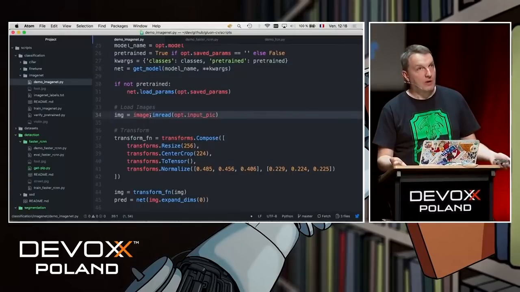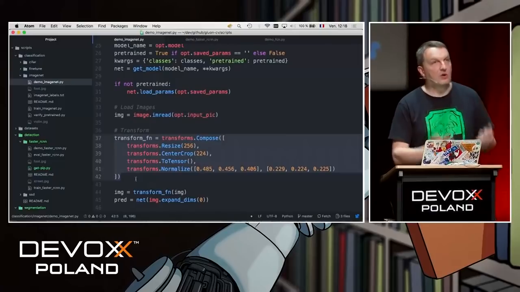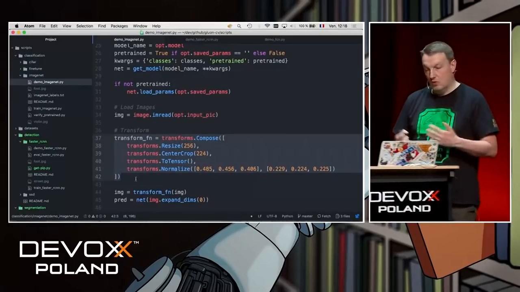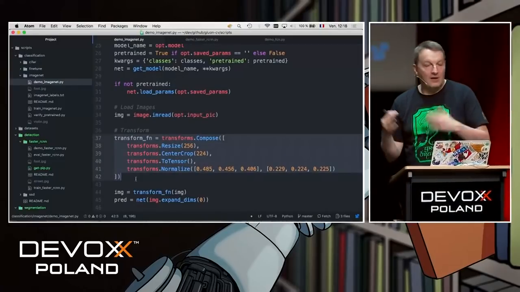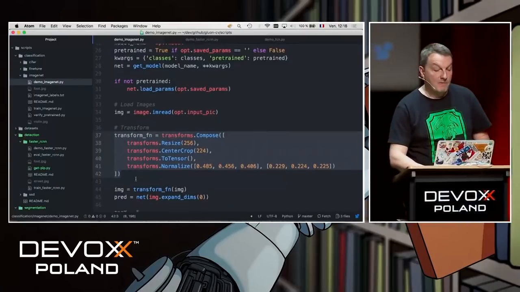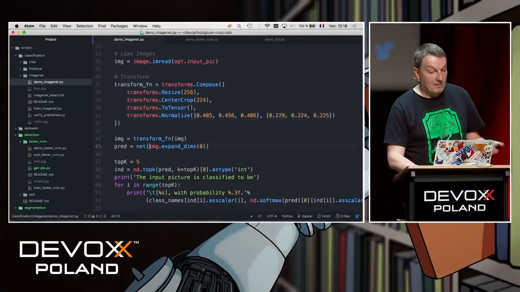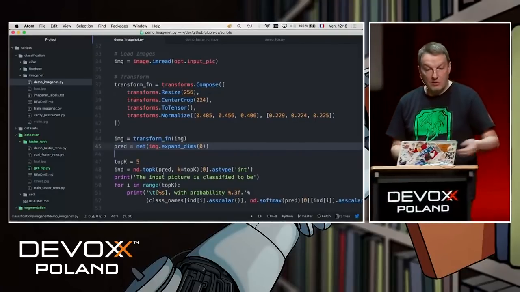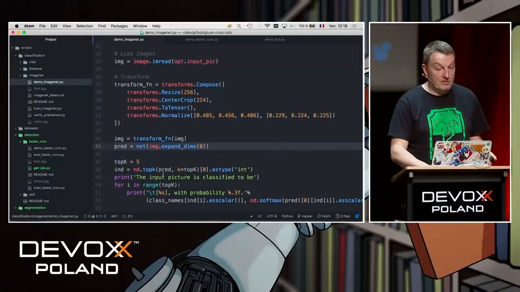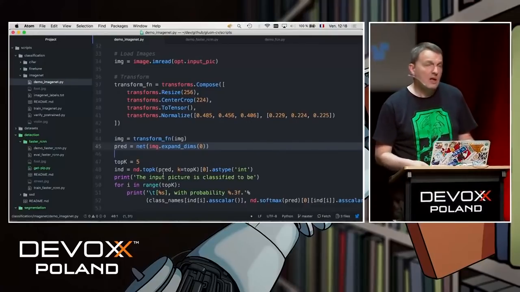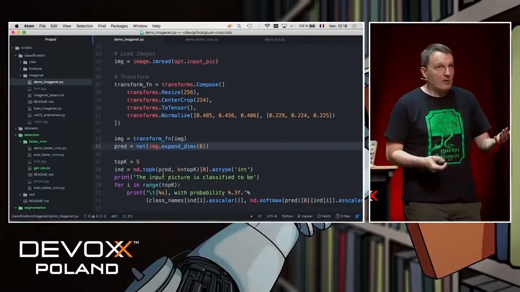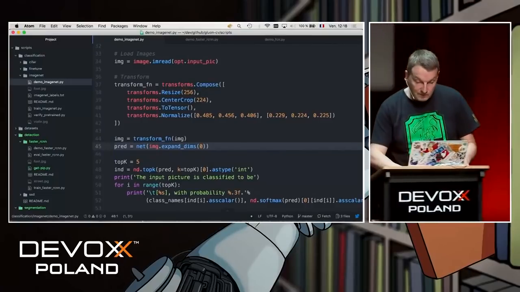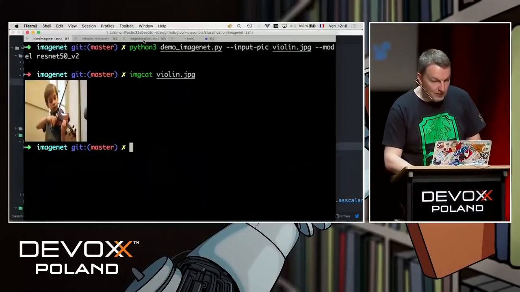We load a local image. We're going to normalize it. Normalization is important, so make sure the red, green, and blue channels, etc., are normalized. And then we predict it. So we take that image, push it through the trained model, and then we can read the results, and that's it.